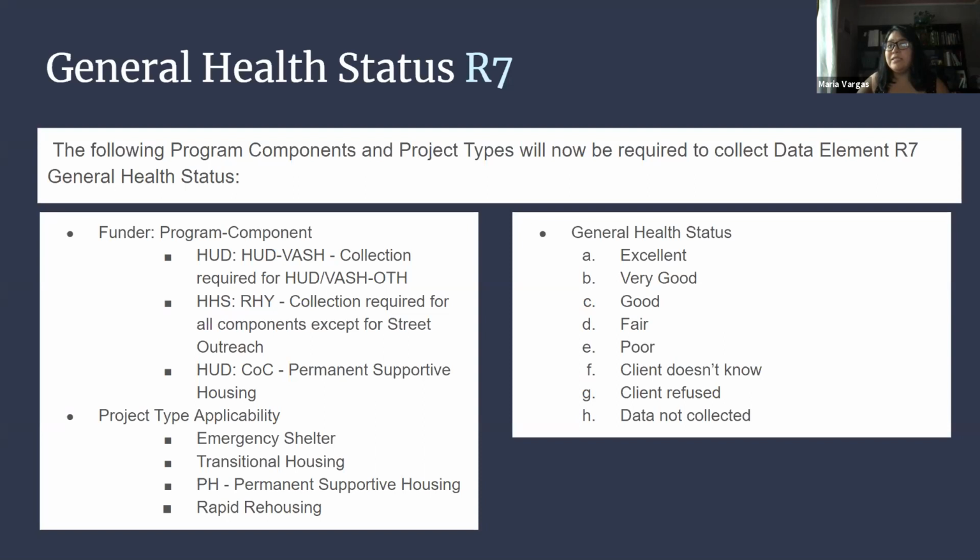For RHY, it's required for all components except street outreach, and for HUD CoC permanent supportive housing programs. The project types that will need to do this under those funders are emergency shelter, transitional housing, permanent supportive housing, and rapid rehousing.